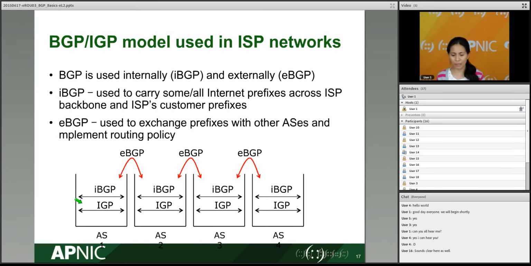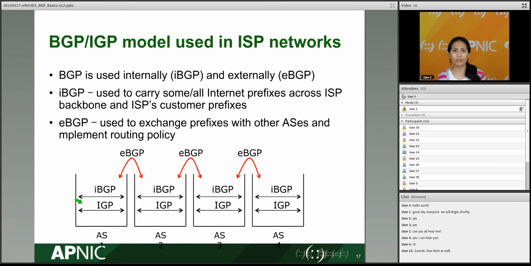Many people are not sure which one to use where. With eBGP, when BGP neighbor relationships are formed between two peers that belong to different ASs, that's called eBGP. We've seen this example. Neighbors must have direct connectivity with each other, and that's how they can exchange prefixes and implement their routing policy.